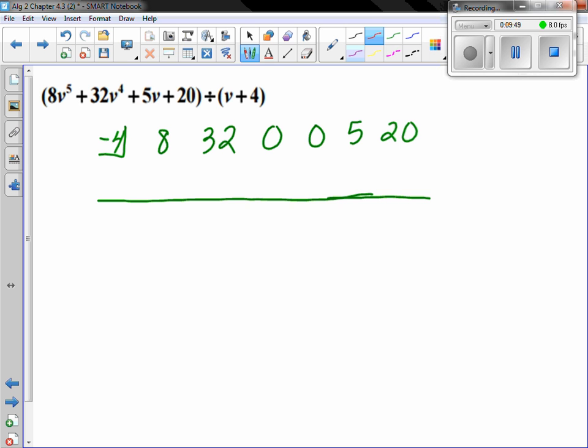What's our first step? Next step. We need to bring down the 8. Then what do we do? Yep, we're going to do negative 4 times 8. Well, negative 4 times 8 would be negative 32.